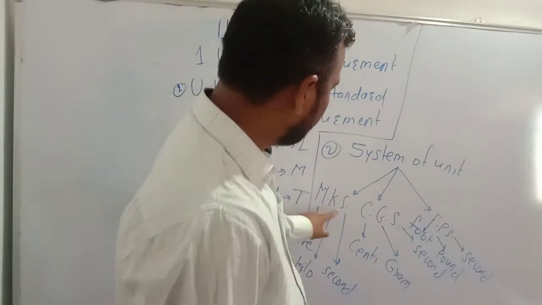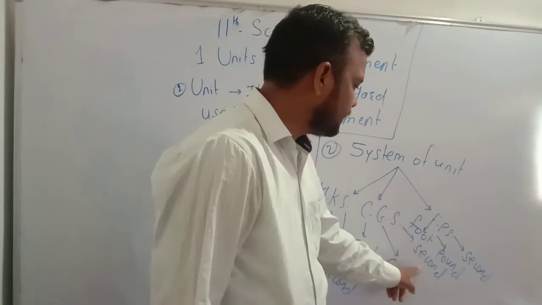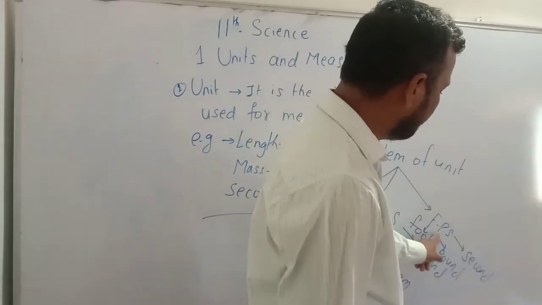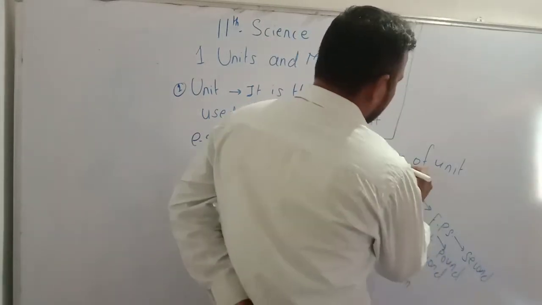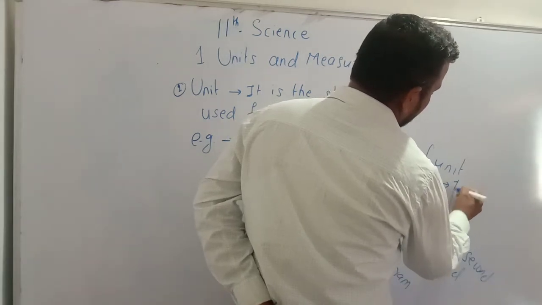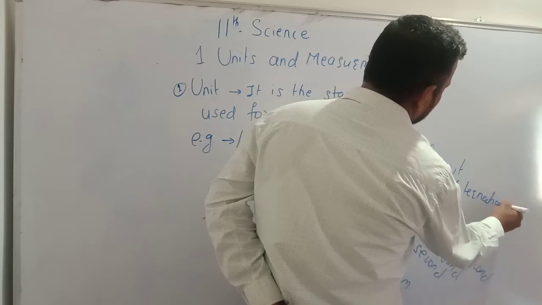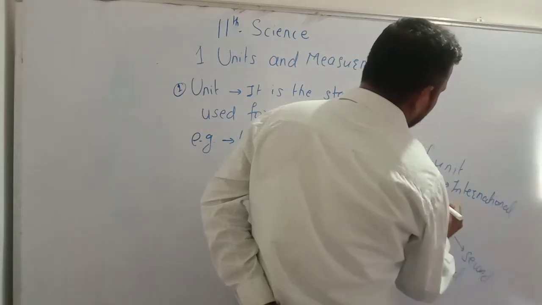MKS is meter, kilo, second. CGS is centi, gram, second. FPS, F for foot, P for pound, S for second. And the last system of unit is the SI system. SI is International System of Unit.